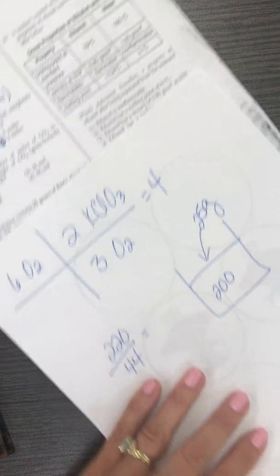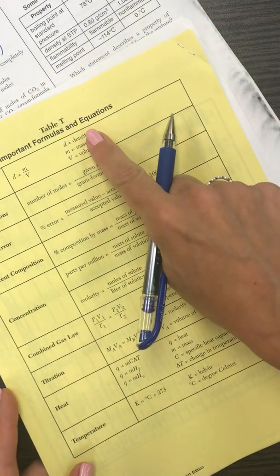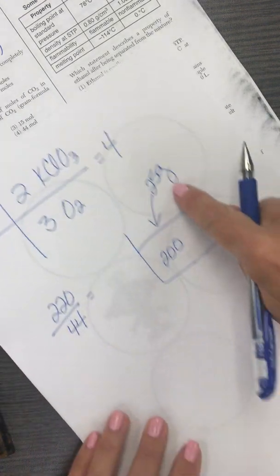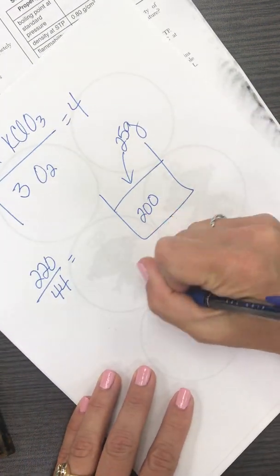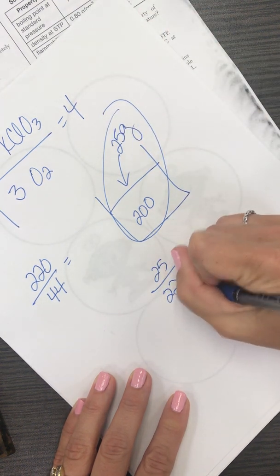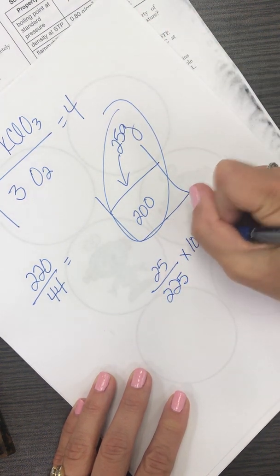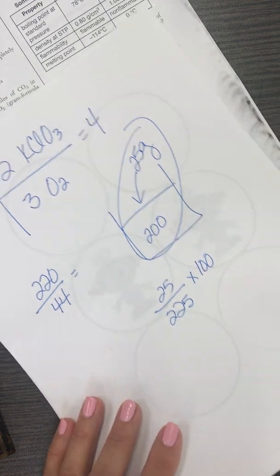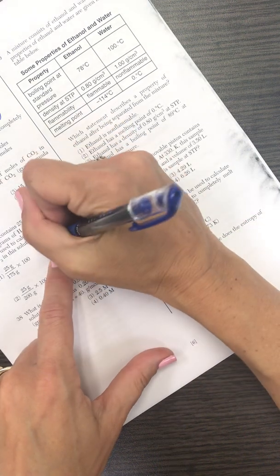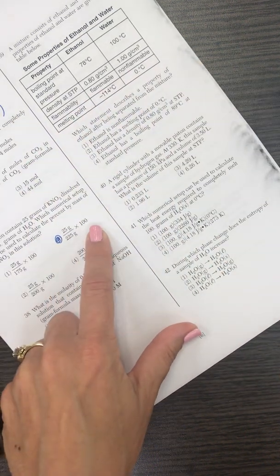So to do percent composition, again, I can look on table T, I want the mass of the part over the mass of the whole. So the part that I added in is 25, and my whole is these two together, so 225. And then to do a percent composition, I have to multiply it by 100. So I want 25, there it is, over 225 times 100.